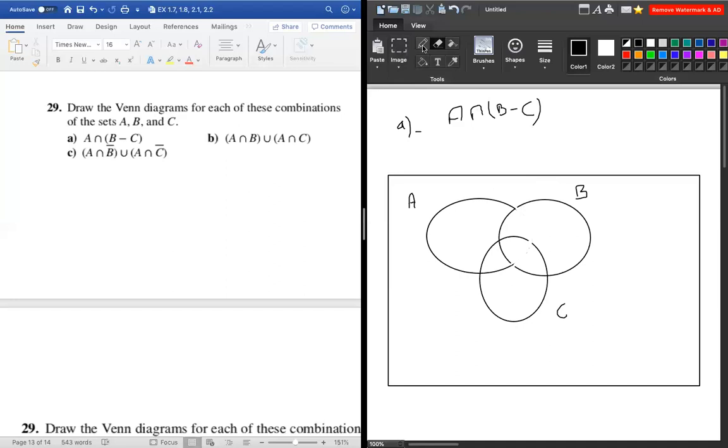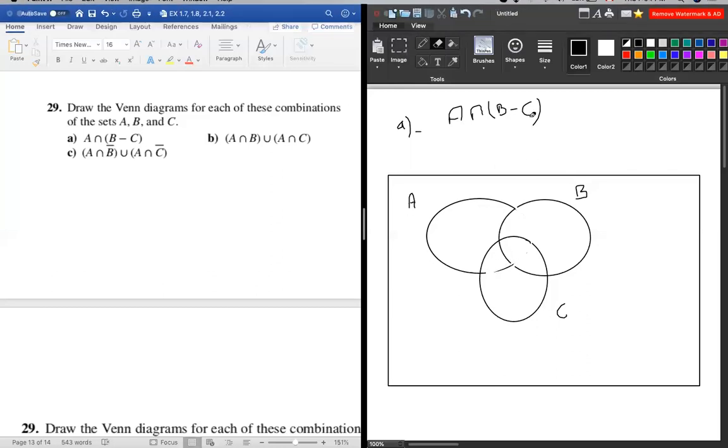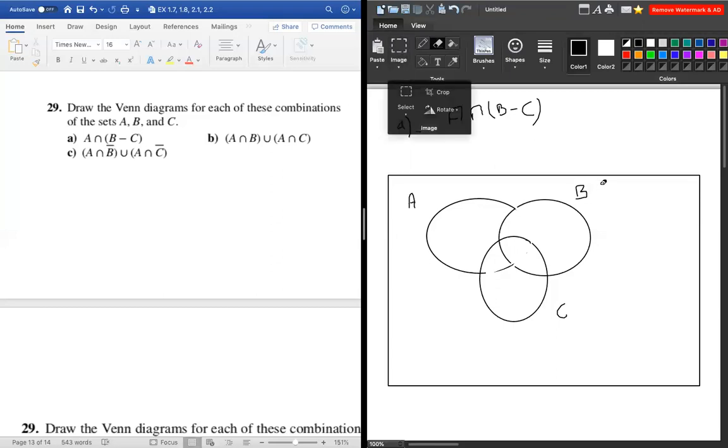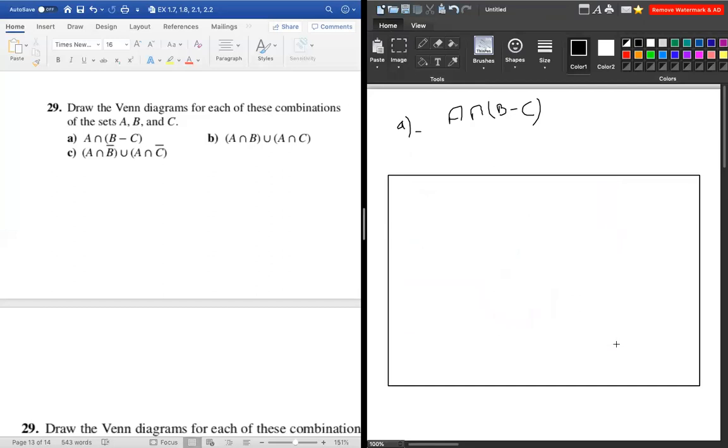Okay, so let me first demonstrate B minus C. Let me take out set A. So let's say B and C here.